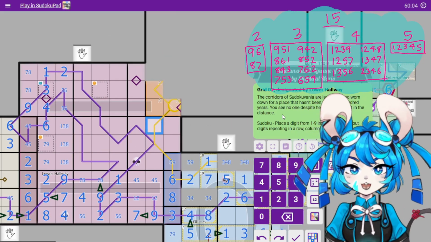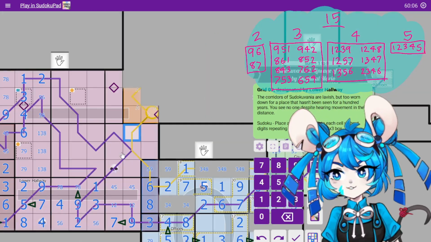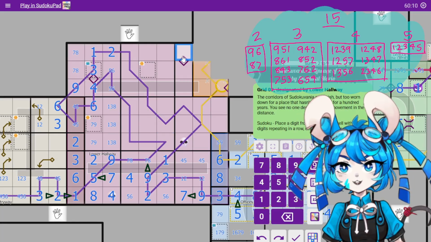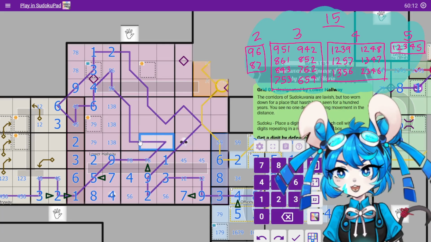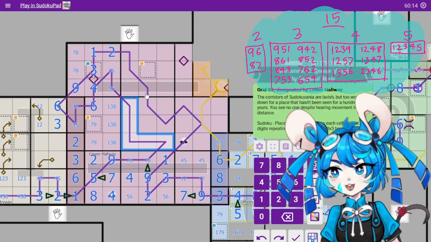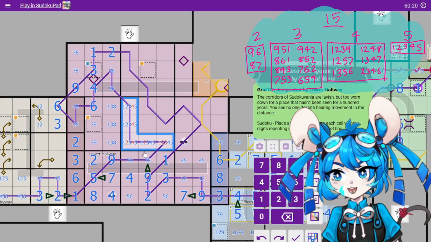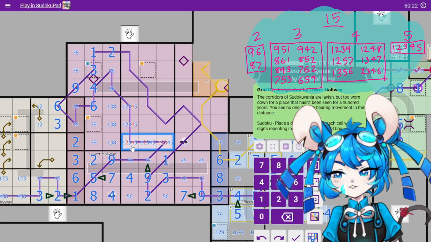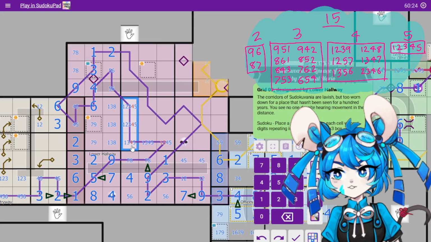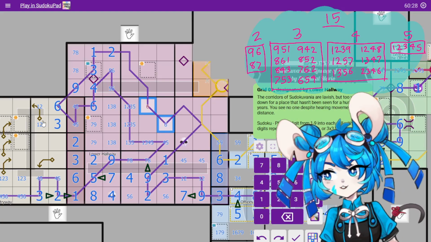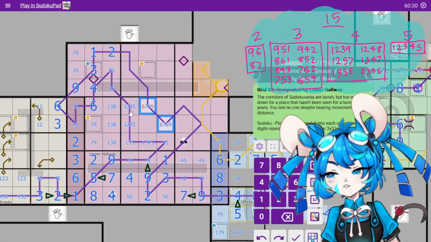Right, and we can probably get into the kitchen from here as well. Potentially. We have our region sum line. This is 5 long, so these are all of the digits between 1 and 5. And this has to be 6 or greater.